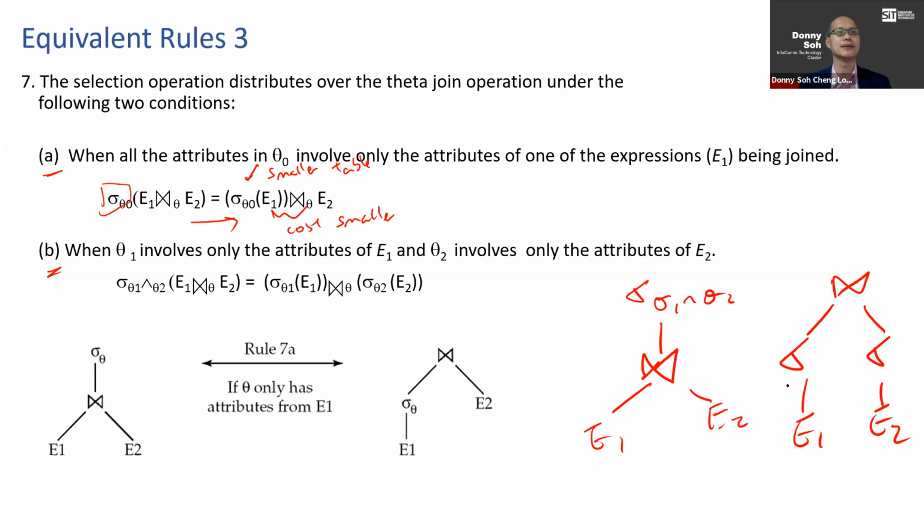So this means I can do that. But you must remember, this is a selection operator.